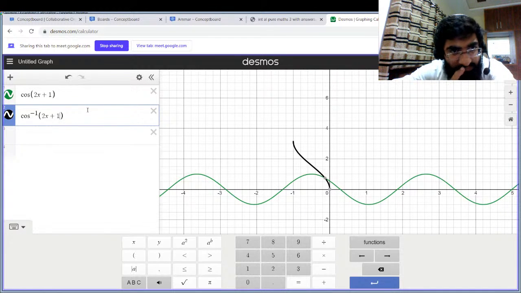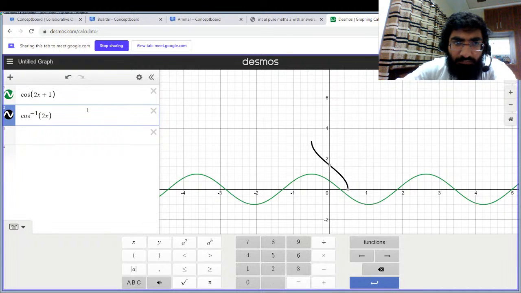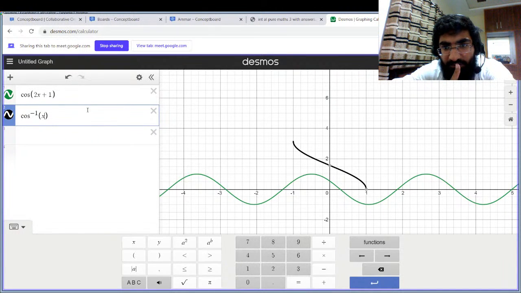One thing is that cos inverse of x has its values between 1 and -1, on the positive side of the x-axis 1, on the negative side -1.